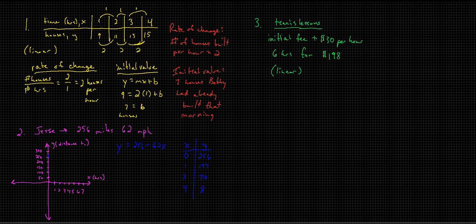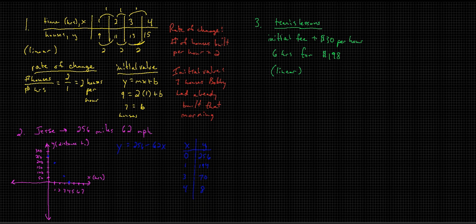At 1, we have 194, which is going to be right about here. At 3, we went ahead and skipped 1. So at 3, we have 70, which is going to be right about here. And at 4, we have 8, which is going to be right about here.